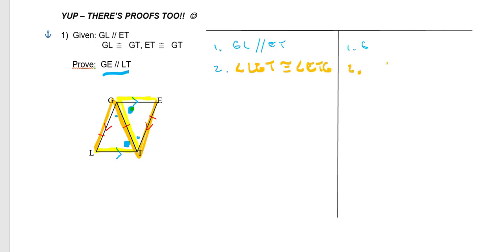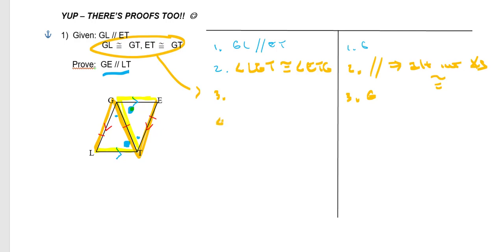That's going to be, if you have parallel lines, then the alternate interior angles are congruent. And then I can say these given information right here is going to be given.